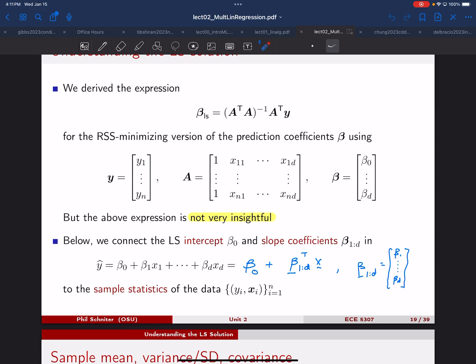So in order to do that, we said we're going to start by pulling out the intercept coefficient, beta 0, and collecting these slope coefficients, beta 1 through beta d, into this vector, which we call beta, and then in the subscript 1 through d.